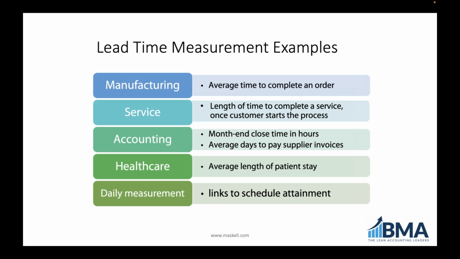That's how you figure out where the waste is and how to reduce it. Closing in 3 days, but having your accounting team work 12 hours a day for 3 days, is not very lean. Other examples are average days to pay supplier invoices and average length of patient stay.